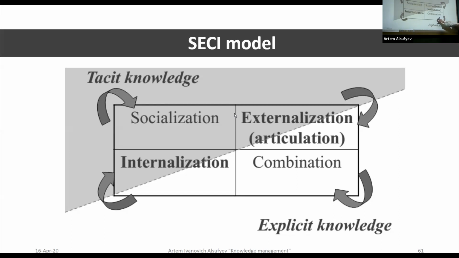You combine it. Why combination? You combine it with your engineers team, engineers team with product specification and requirements, explicit plus explicit, to come up with some new explicit knowledge, this bread making machine.